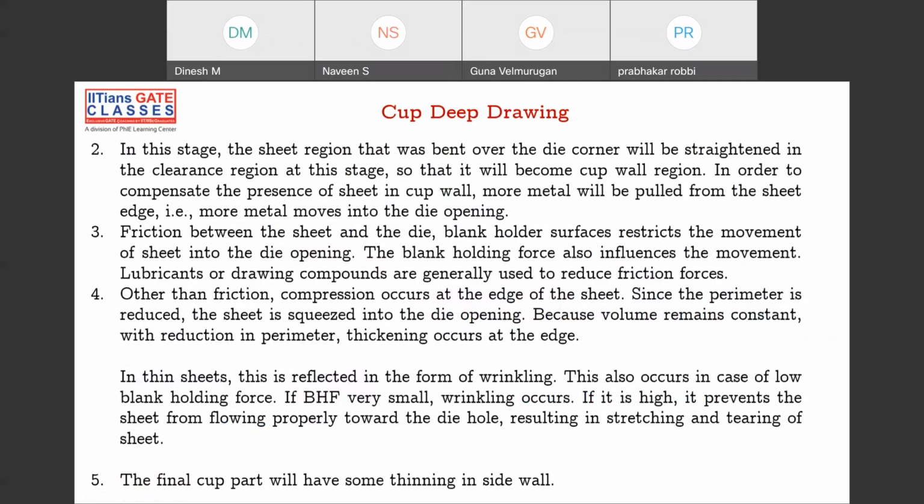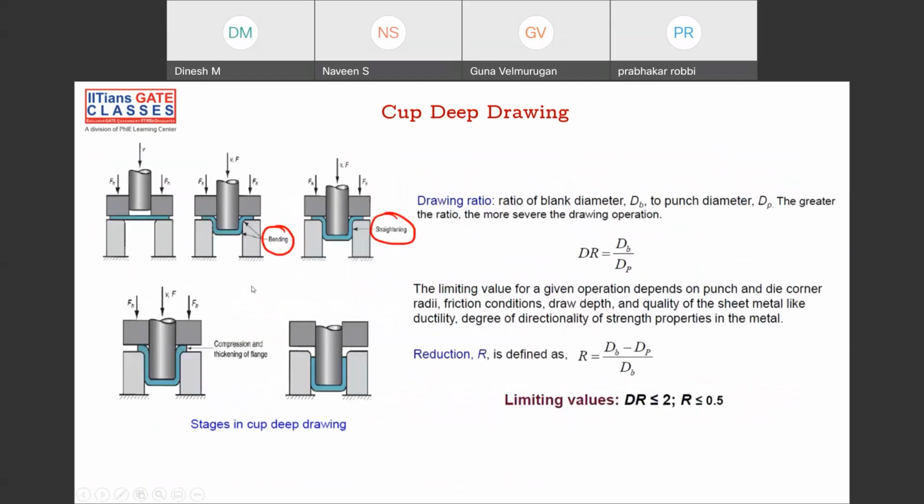The friction between the sheet and die, the blank on the surface, restricts the movement of the sheet. You have some frictional forces between the die and the sheet, and there is a frictional force between the blank holding force and the sheet. Obviously, if there is no friction between the blank holding die and the sheet, the sheet will slip away, right?